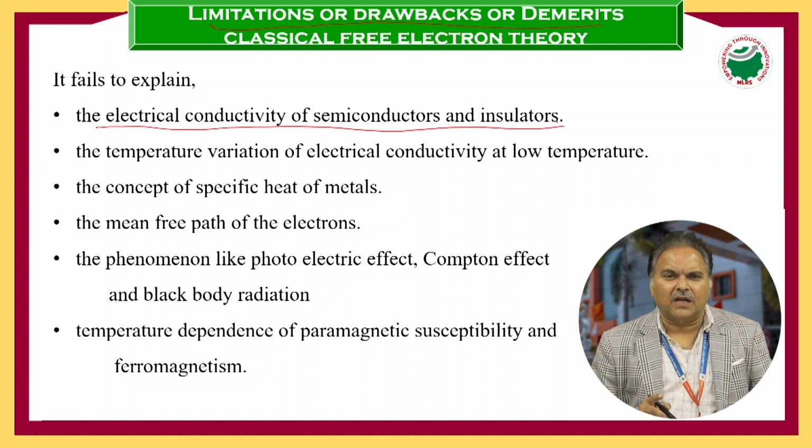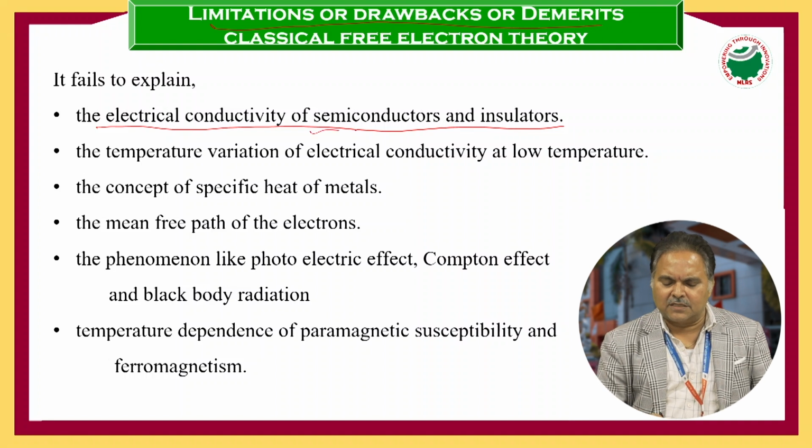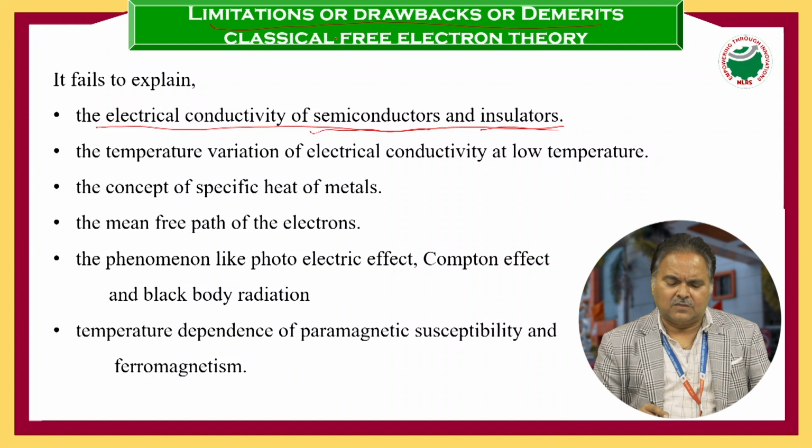Because the classical free electron theory explains the electrical conductivity and thermal conductivity of metals, but it cannot explain how semiconductors behave. Similarly, insulators. It explains metals only. Because there is no theory for these two, that is a drawback of classical free electron theory.